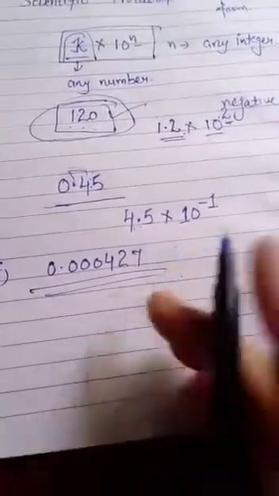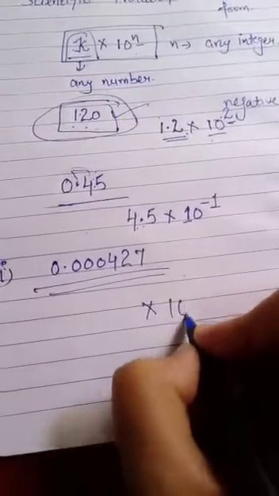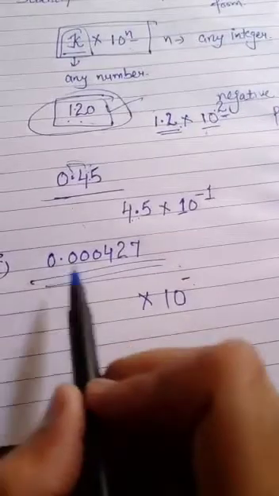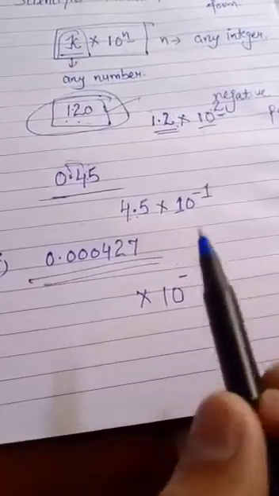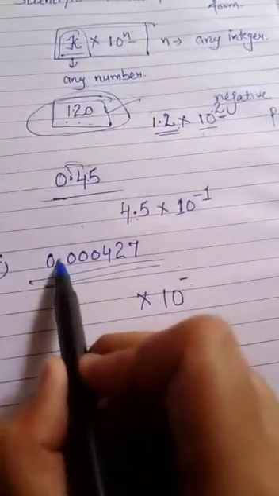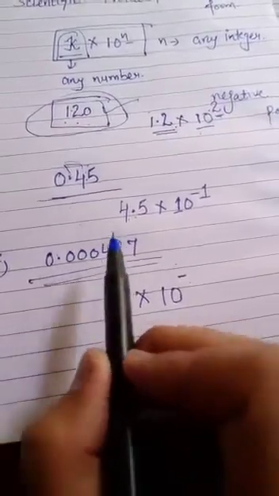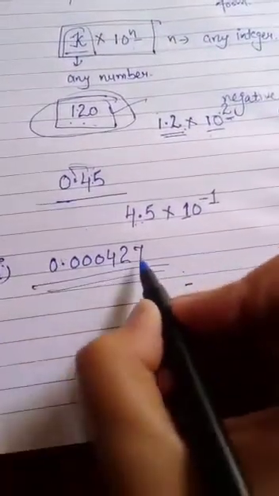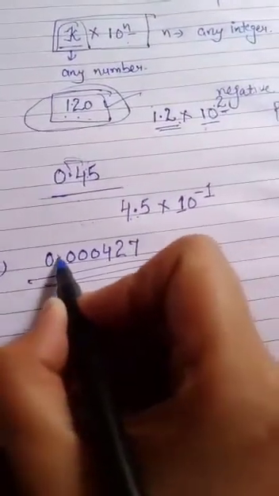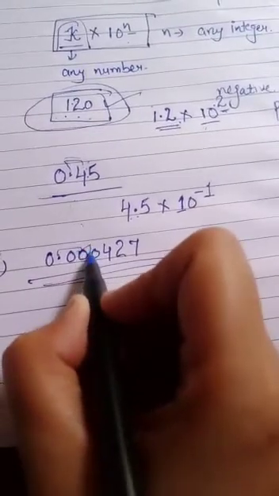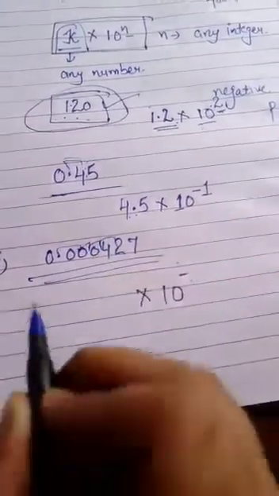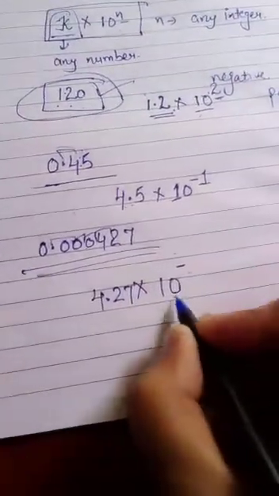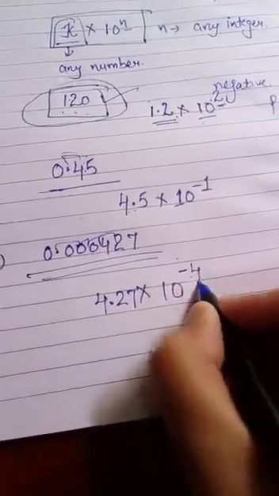If it is less than 1, in a similar way as I told you, your index has a negative power. How do we count the negative power? While we are moving the decimal to the right side, for how many places are we moving? We should put the decimal after 4, so we move 1, 2, 3 and 4 times, getting 4.27. So 10 raised to power minus 4.